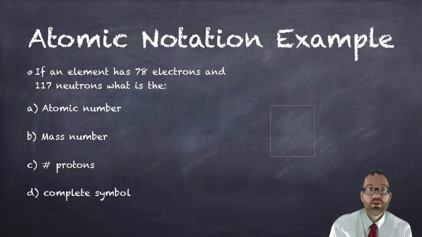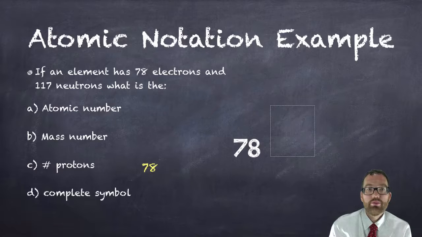Okay, let's do another one. If an element has 78 electrons and 117 neutrons, what is the atomic number, mass number, number of protons, and complete symbol? Well, if I have 78 electrons, I also have 78 protons because electrons equal protons. So if I have 78 protons, that means my atomic number is 78, and I can fill that in.